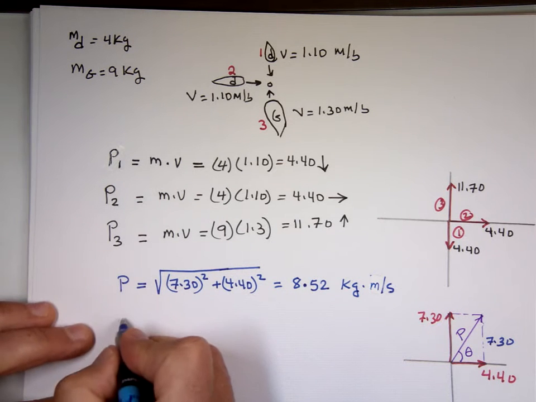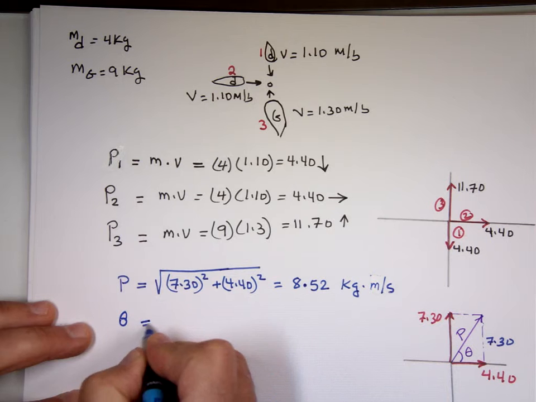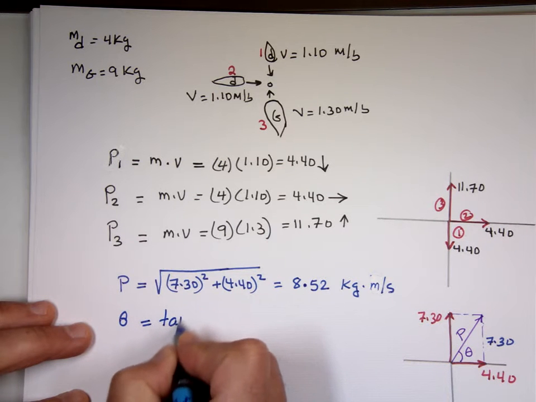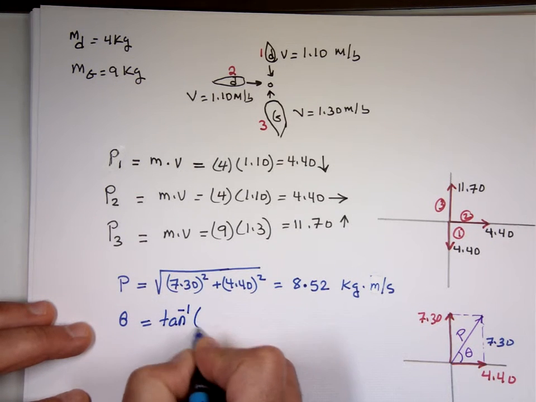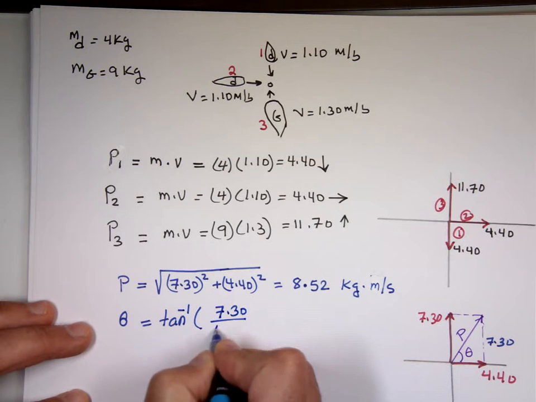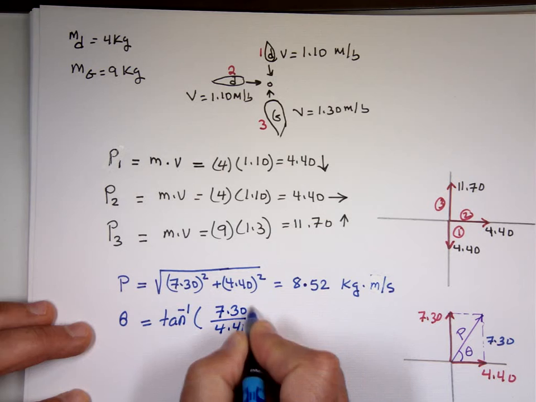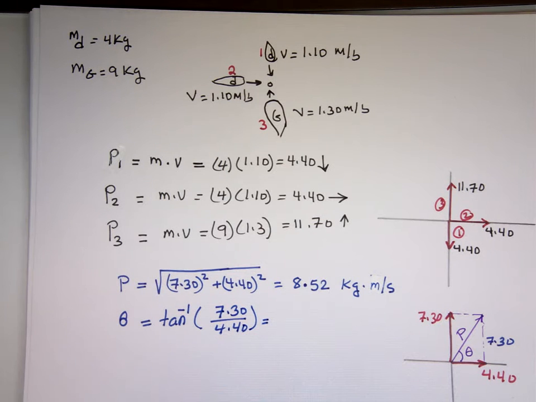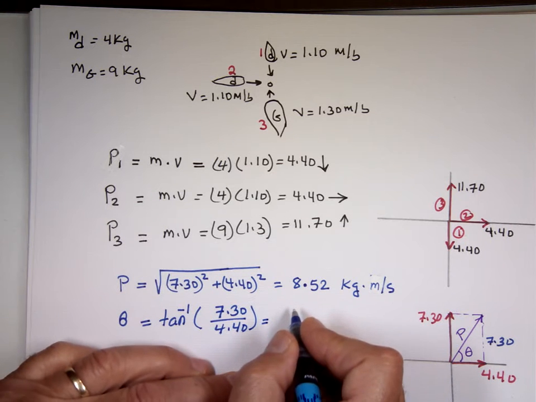Theta: you're in the first quadrant, so there's no adjustment needed. It's the inverse tangent of the y value over the x value. Roughly 58.9 degrees.